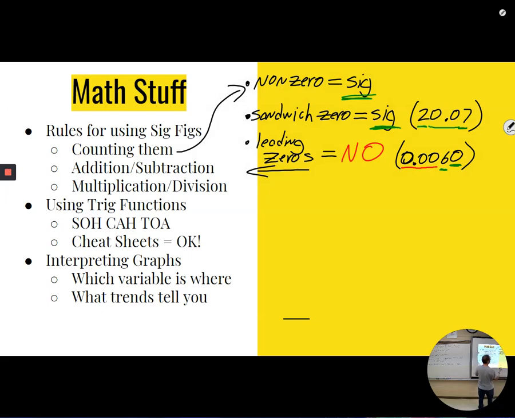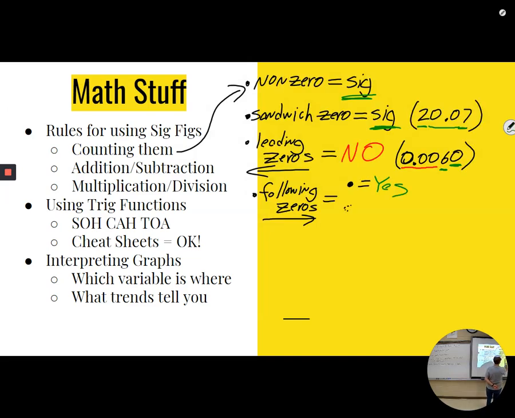because following zeros, are they significant? Only if there's a decimal present. So if there's a decimal, then we say, yes, they're significant. If there's not a decimal, then we say, no, they're not.